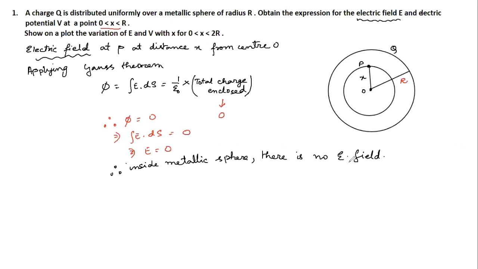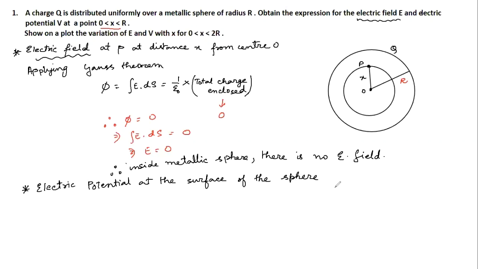Okay, so this is our first part, how to find out the electric field value. Now, if I want to know what is my electric potential, what is our electric potential at the surface of this sphere?